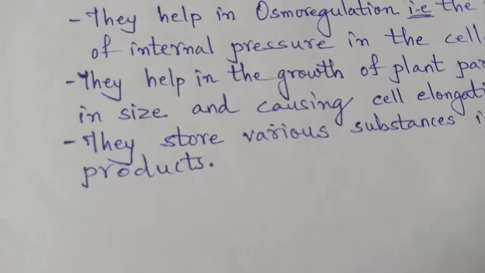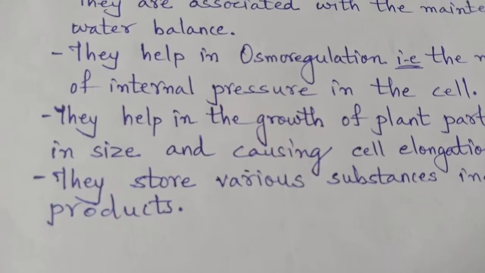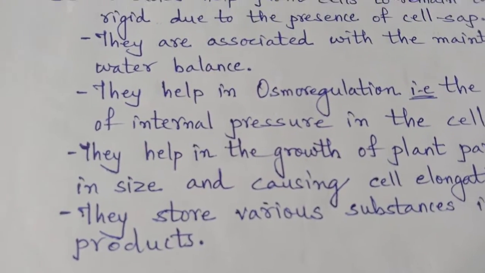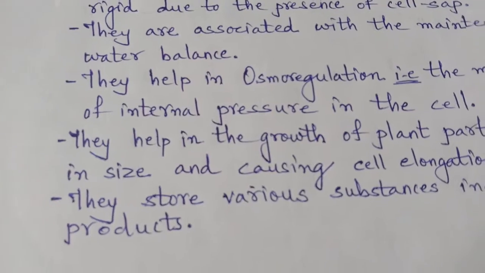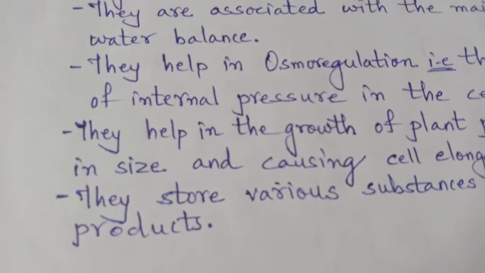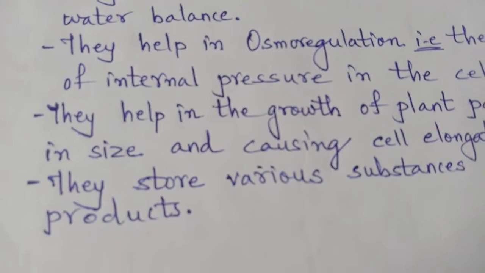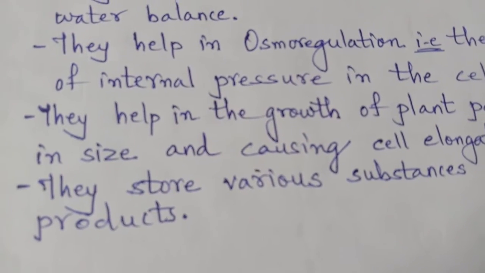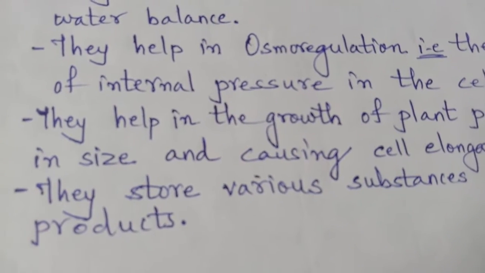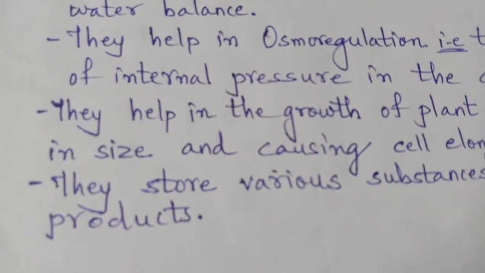They store the fluid, as I just explained further, minerals, sugar, organic acids, that means acids which are useful, which means which can be eatable. They are the organic acids. Carbohydrates, compounds which consist of carbon and hydrogen. So they are storing all this in vacuoles.